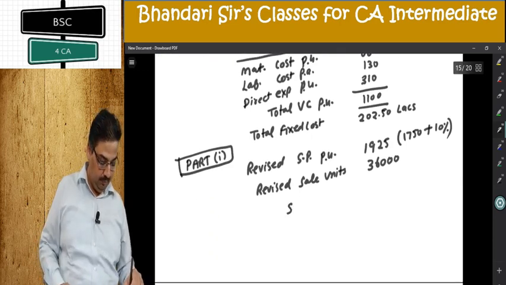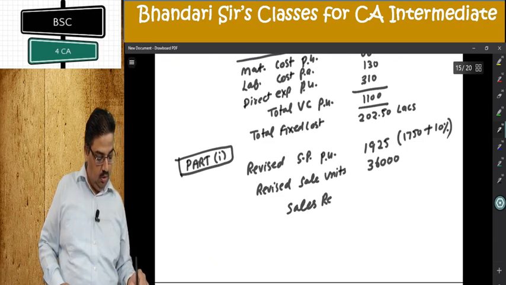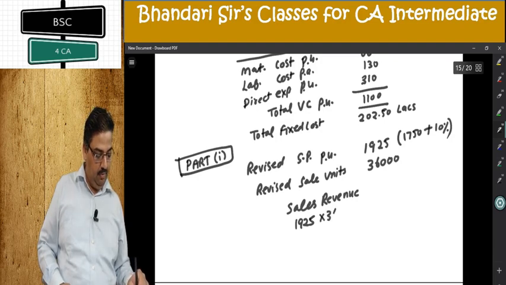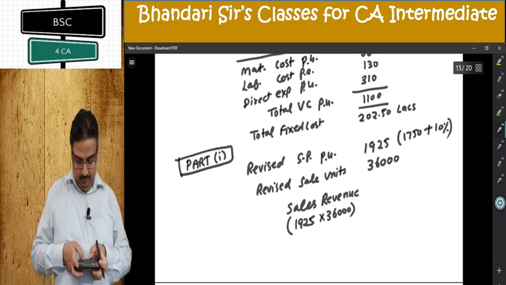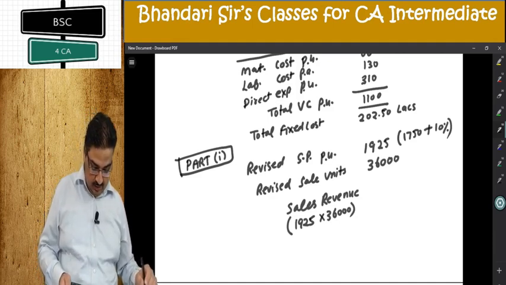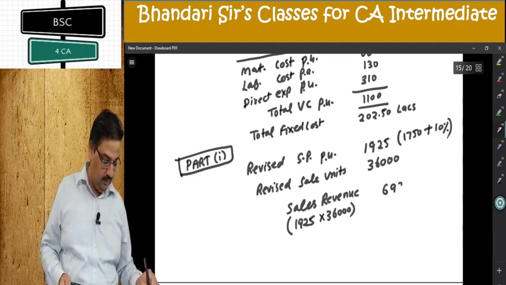Everything is very simple. Sales revenue: 1925 multiplied by 36,000. It is 693 lakhs.